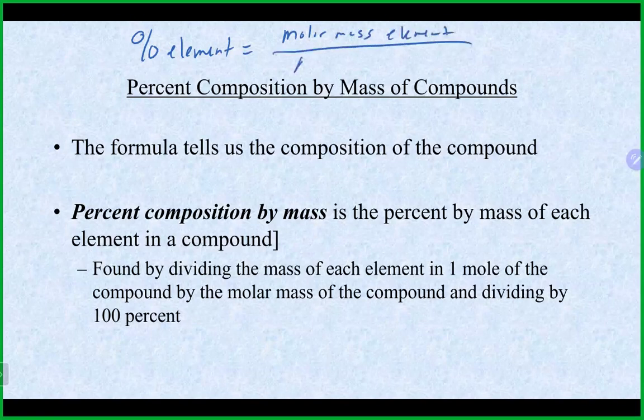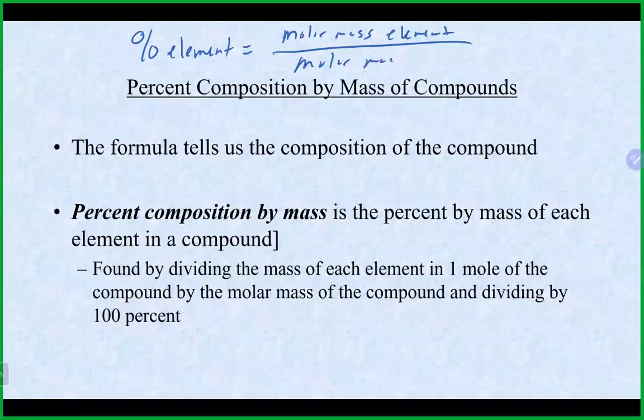We would divide it by the molar mass from the periodic table of the entire compound. And we would times it by 100%. So here we would want to figure out the molar mass of the particular element divided by the molar mass of the entire compound times it by 100.